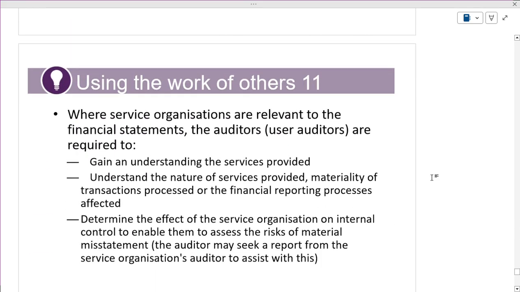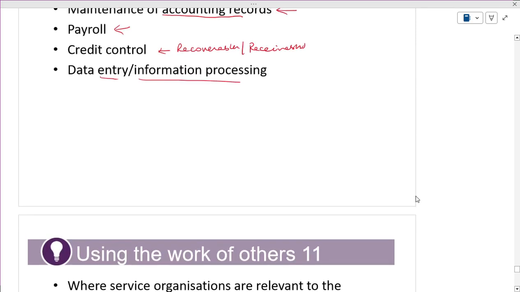When service organizations are relevant to the financial statements, the auditors are required to gain an understanding of the services provided. What services are we providing, in terms of payroll, data entry, financial statements?